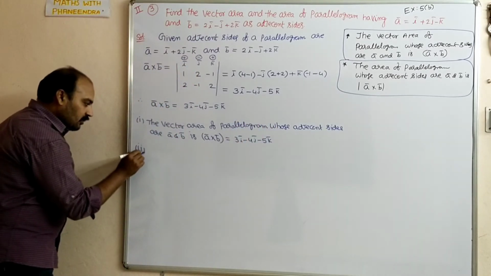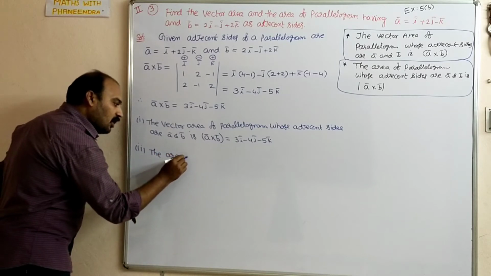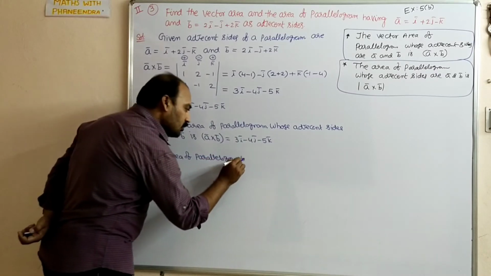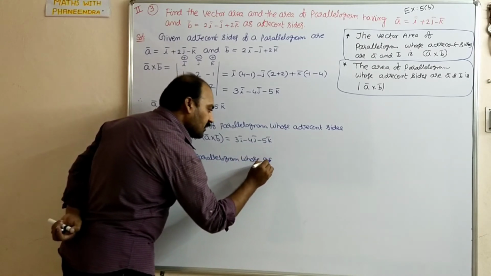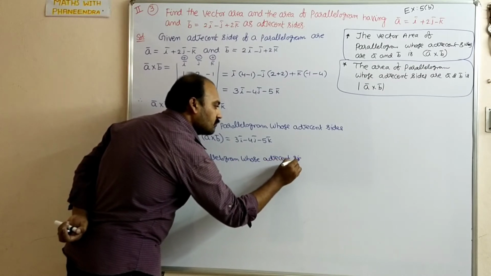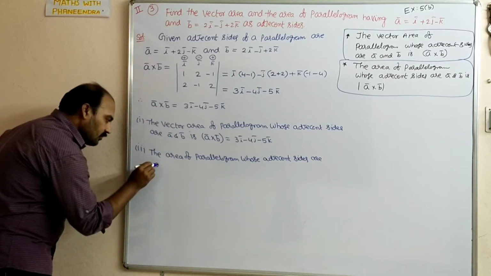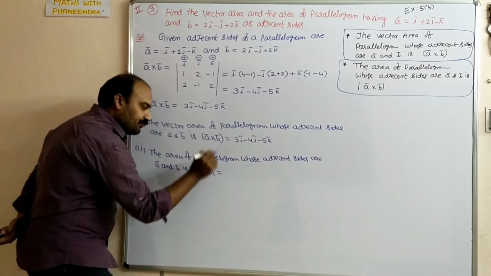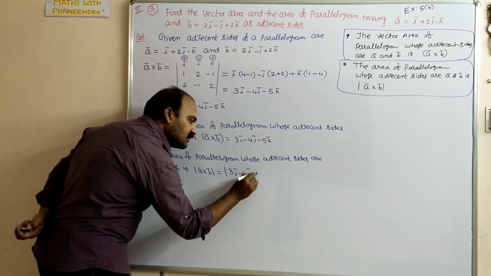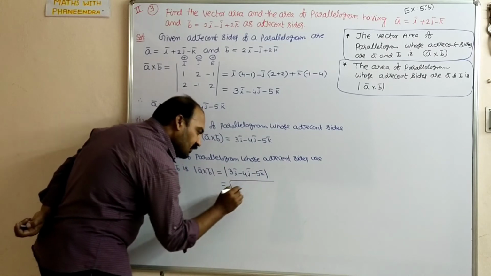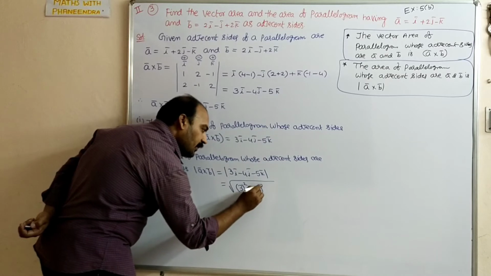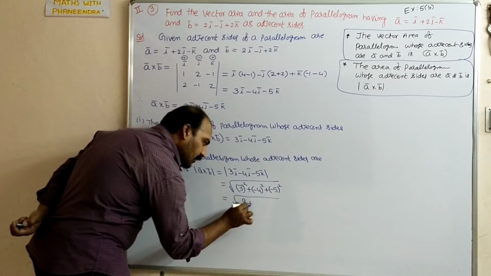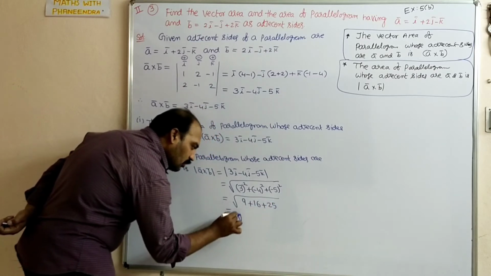Second question answer, the area, this is not vector area, the area of parallelogram whose adjacent sides are a bar and b bar is magnitude of a bar cross b bar, that is equal to magnitude of 3i minus 4j minus 5k, which is equal to square root of 3 square plus minus 4 whole square plus minus 5 whole square, which is equal to square root of 9 plus 16 plus 25, which is equal to root 50.